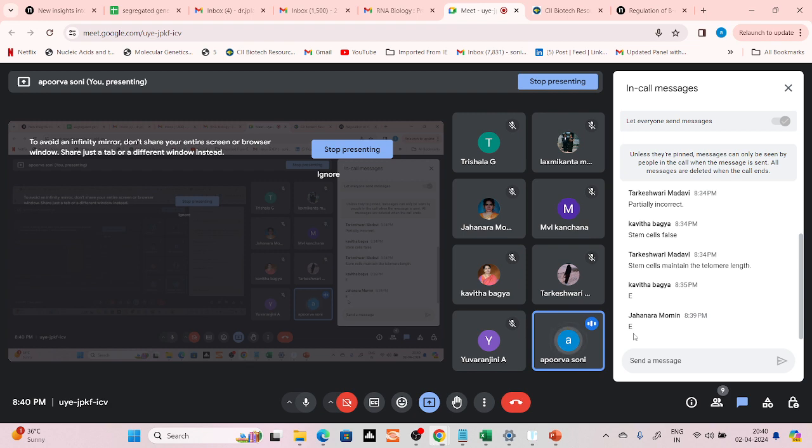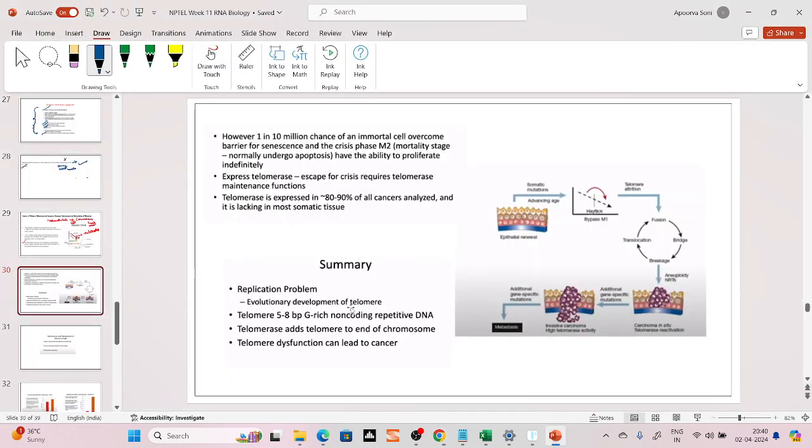Why? Because the telomerase enzyme is activated, which is again very interesting. So in summary, the replication problem can be solved with the help of telomeres, which are 5 to 8 base pair G-rich non-coding repetitive DNA. Telomerase is the enzyme that adds telomeres to the end of the chromosome, and telomere dysfunction can lead to cancer.